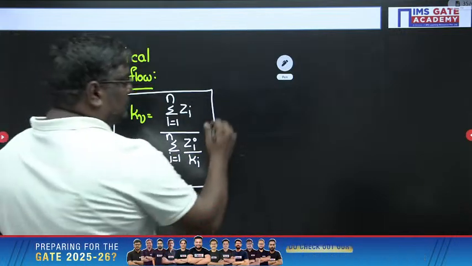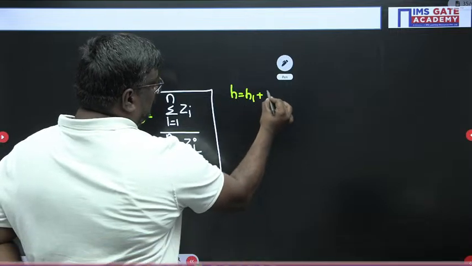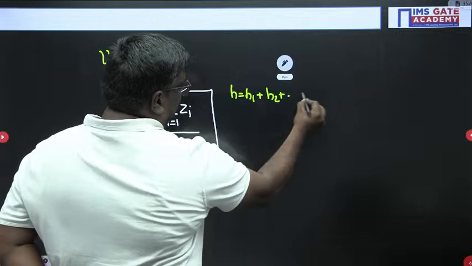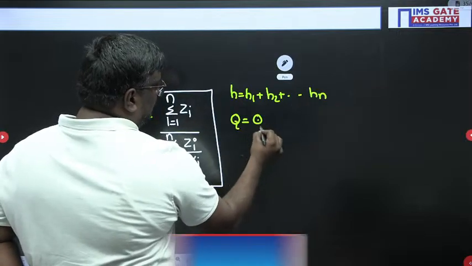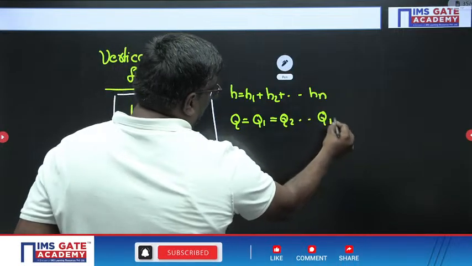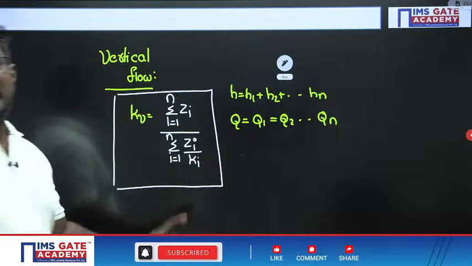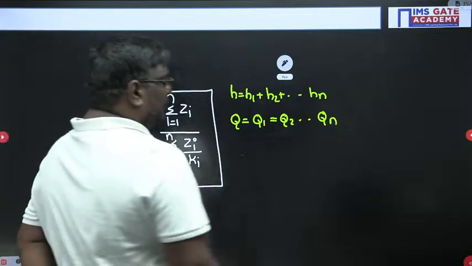Now see, students, in vertical permeability, head loss will be summation, and discharge will be the same. So based on this, they have calculated the permeability of horizontal flow and the permeability of vertical flow.